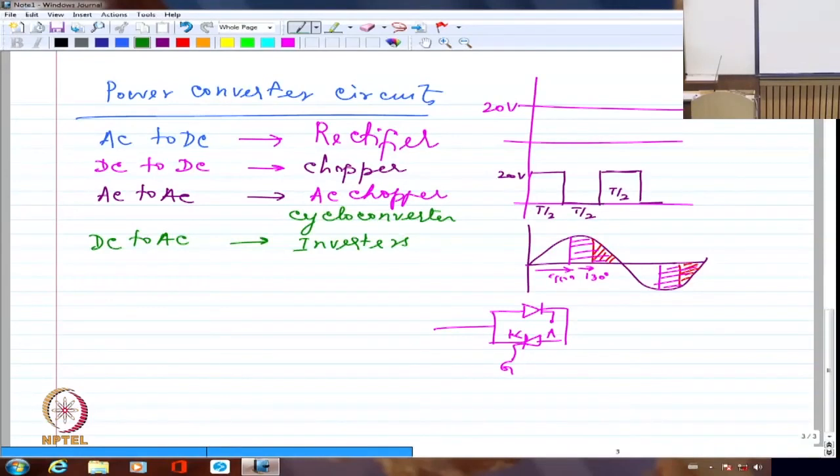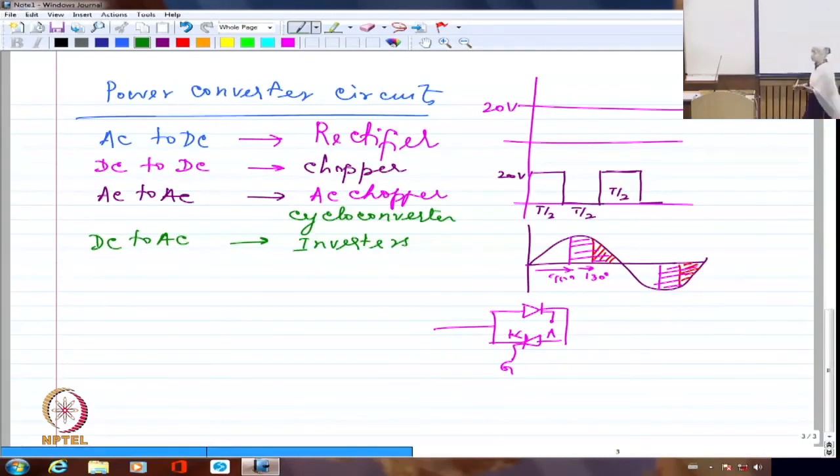At home, many of you will be having an inverter, especially where power outages are very frequent in some places, they will require an inverter, right? So inverters really find application. UPS has an inverter. SMPS might have an inverter inside. So there are n number of applications where inverters are used.